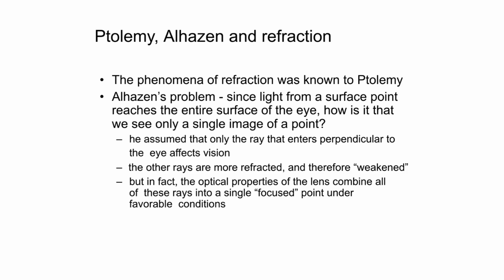His answer was that only the ray that enters perpendicular to the eye affects the region, and the other rays are more refracted and therefore weakened. So weakened signals are not useful for the vision system or for the creation of sight, according to Al-Hazan, the Iranian scientist.